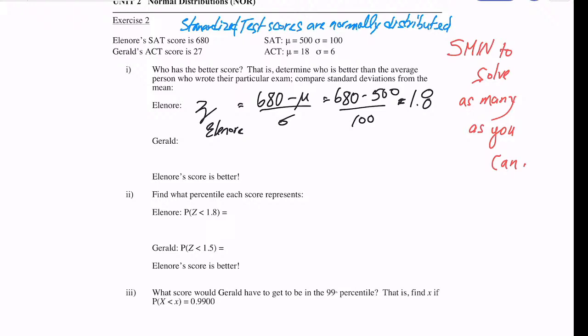Gerald took a different test and he scored 27, which is 1.5 standard deviations above the average test score for the ACT.